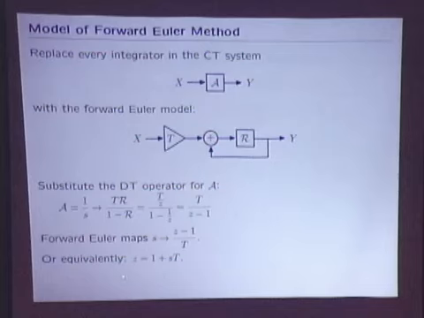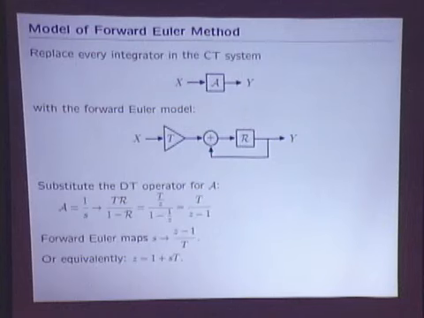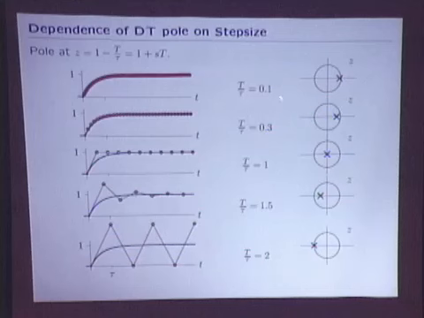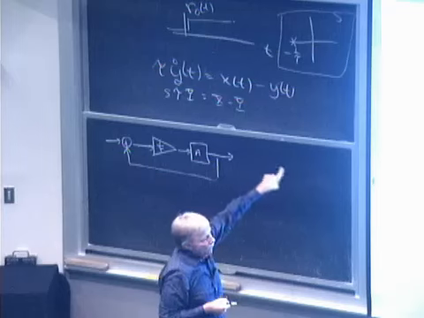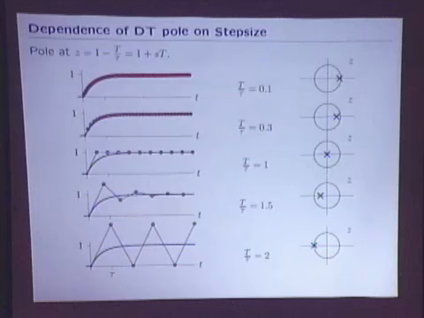And that DT representation always has this property, that wherever the poles were in s, I can find where the poles were in z by taking z equals 1 plus sT. That's how we get the dependence on T. If the original pole was like over here at minus 1 over tau, we just put s equals minus 1 over tau, and we get precisely this relationship that we got before.